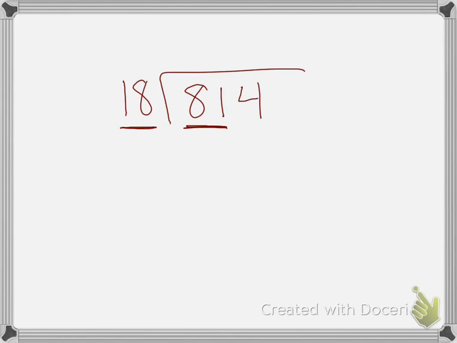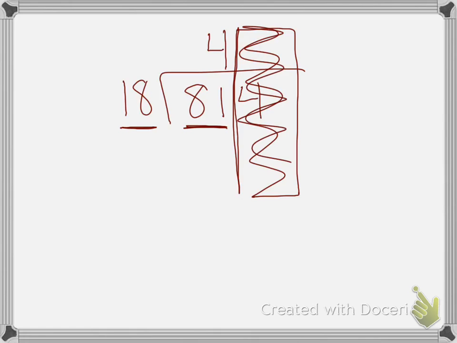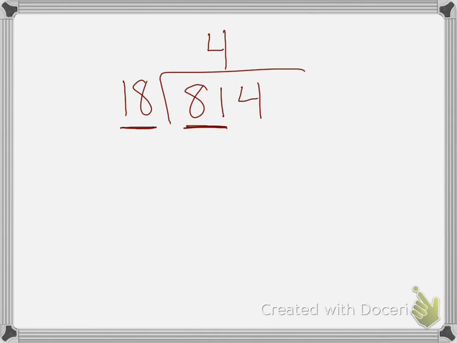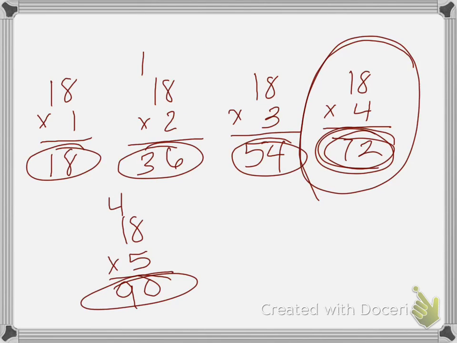So we say 18 can go into 81 4 times. And the 4 has got to go over the 1 because we didn't use any of this part of the problem yet. We only used the 81. So 4 times 18, we said, is 72.